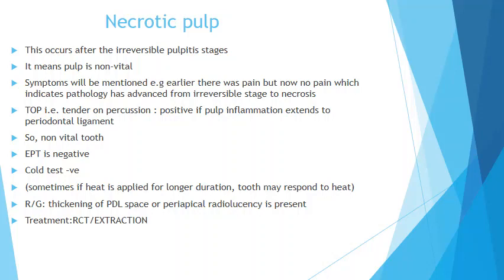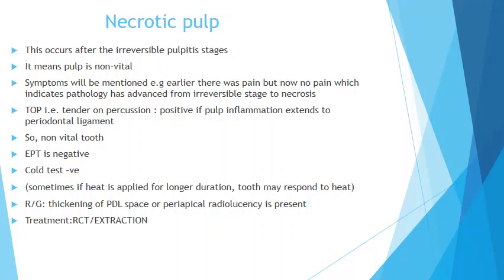So when you read about irreversible pulpitis, it is of two types, symptomatic and asymptomatic. Symptomatic has intermittent or spontaneous pain, prolonged and severe. Pain can be sharp, dull, localized, diffused, lasting from minutes to hours. And in the late stages of symptomatic irreversible pulpitis, cold may alleviate the pain.